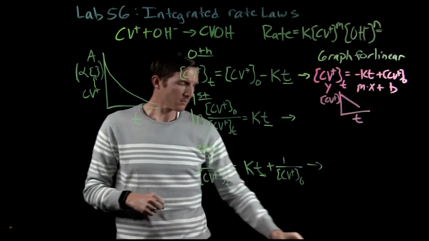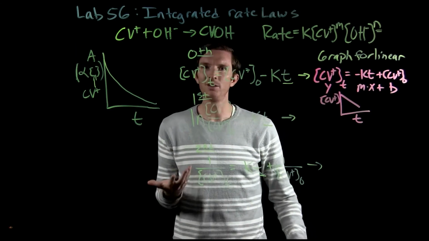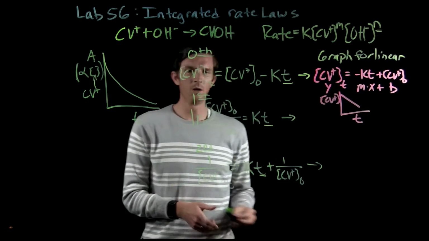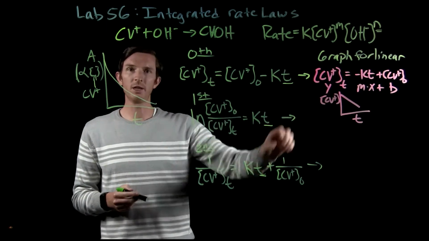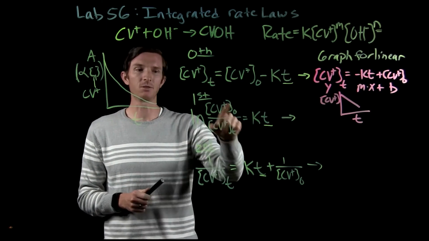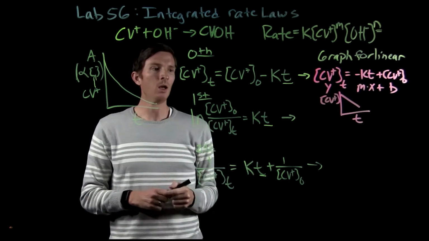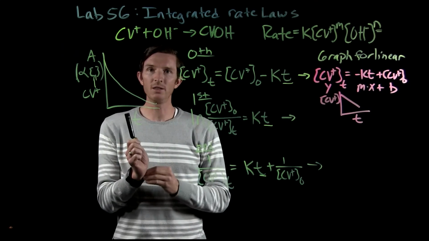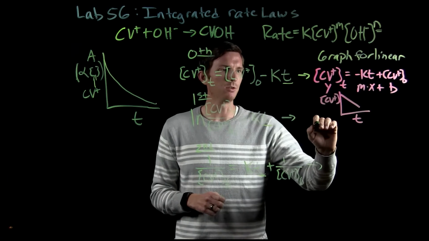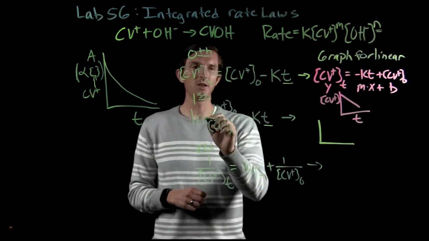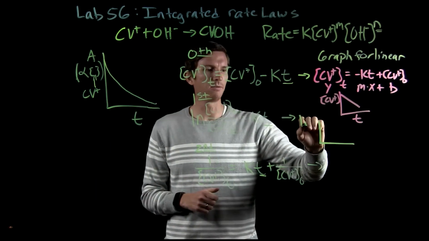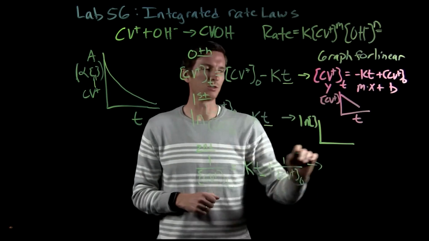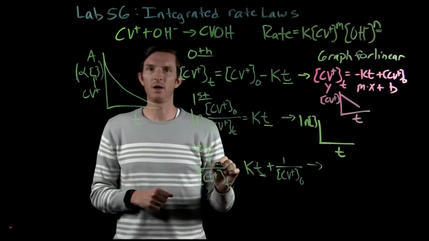Well, if we have our first order here, we're probably going to do something a little bit different. We don't have just this linear relationship. We see that we have this natural log relationship. If we rearrange this, we would want to graph not just concentration, but natural log of concentration versus time.